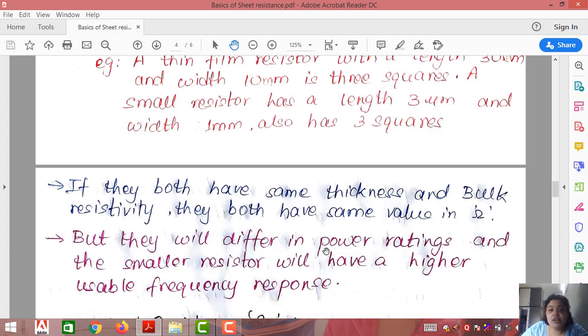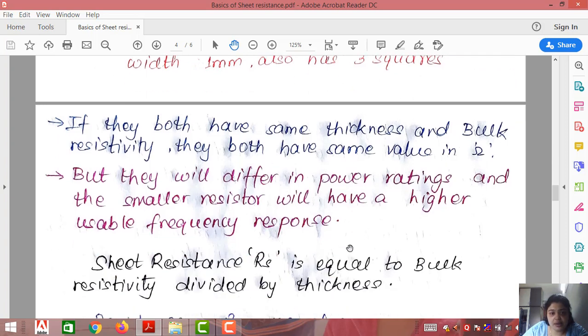The smaller resistor will have a higher usable frequency response. Smaller the area, higher the power dissipation, right? Because we consider power per unit area. So in both the resistors, we have considered 3 squares only, but the smaller one will have a higher power dissipation rating.